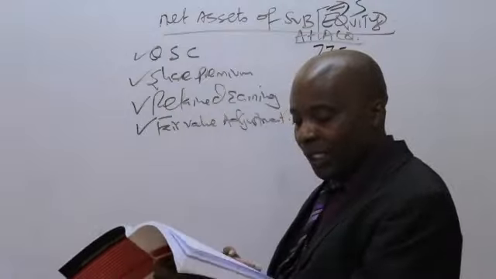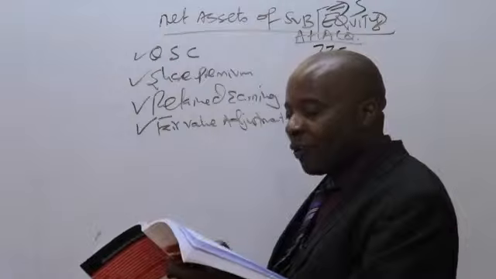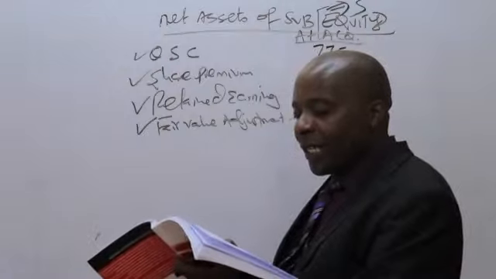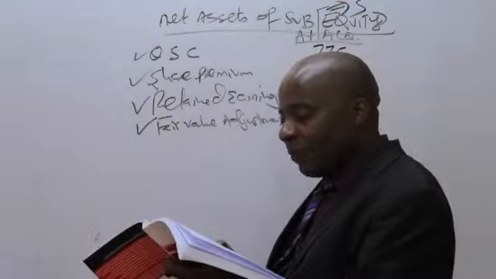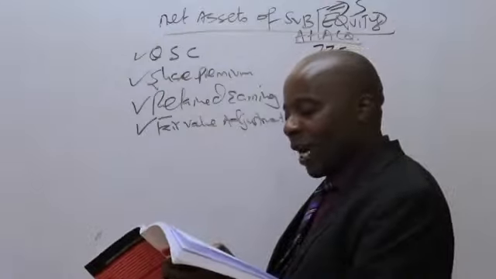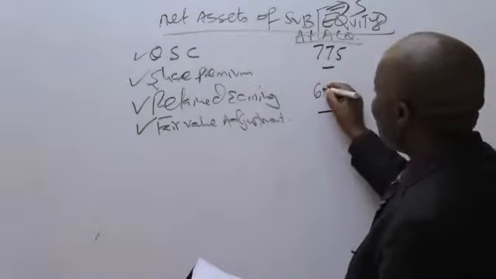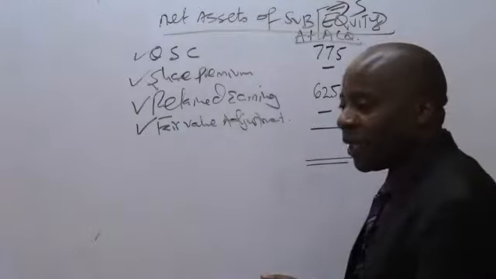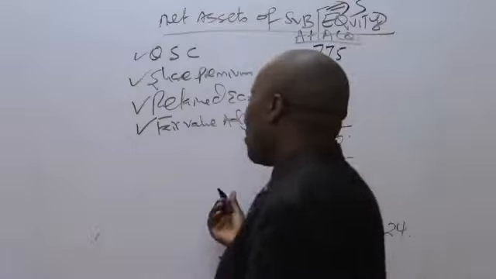They have told you in the additional information that S Limited's net assets had a fair value of shillings 1400 as at 1st April 2016, represented by equity share capital of 775 and retained earnings of 625. So let me add these two, they come to 1400. Great.